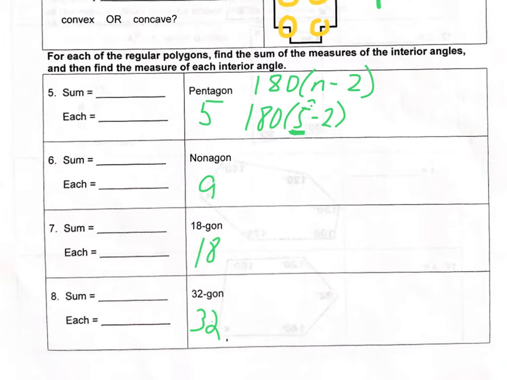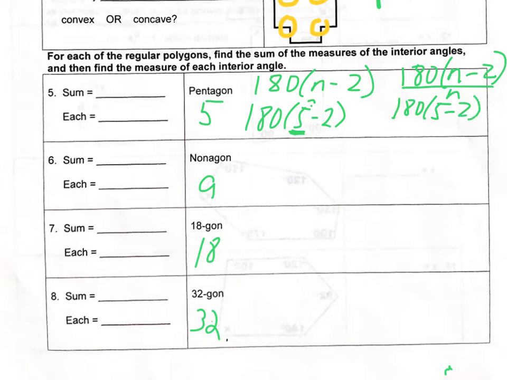And then it wants us to find each interior angle. To find each interior angle, you're going to take 180, you're going to do the n minus 2, and then you're going to divide by n. So you're actually going to take the 180, and you're going to do the 5 minus 2.